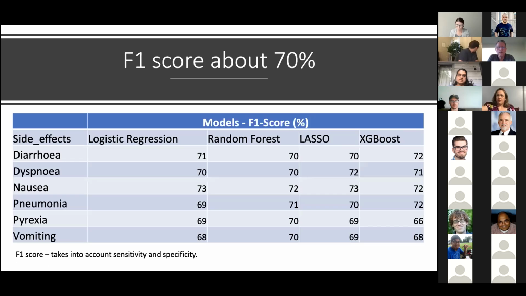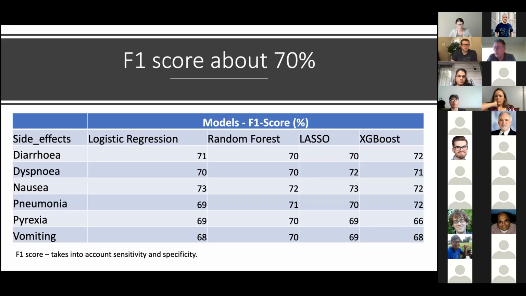The F1 score tells how well the model predicts, or how accurate the model is. It is not the same as the accuracy score. Accuracy is not the right metric to use in the case of classification models, because it only takes into account the true positive and the false positive, but it doesn't take into account the false negative.